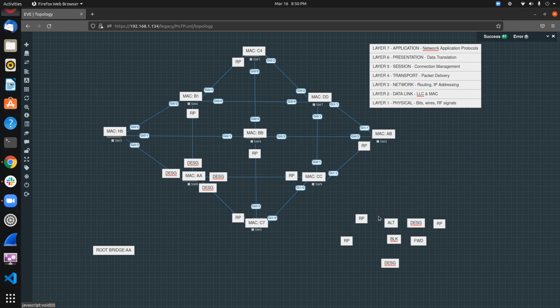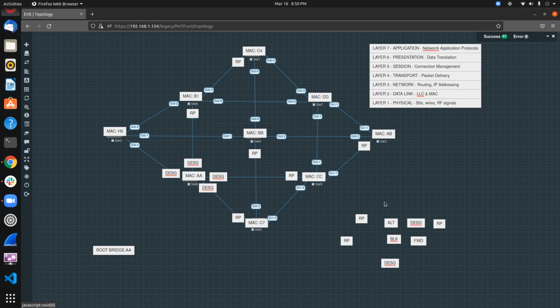Because the side that I'm using to make my route is the more direct one, or the lowest cost. There we go. The lowest cost to the root bridge.